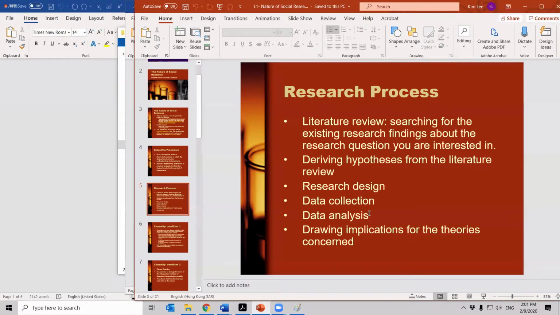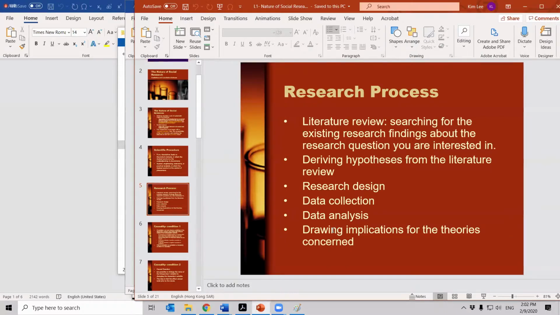Yeah, research process. Now, when you say drawing implications as far as the theory is concerned, does this mean that we have to make it usable for other people? For example, when you talk about theories, how can you improve the theory? For example, the theory you have examined in your literature review, they are wrong. So this is the implication.